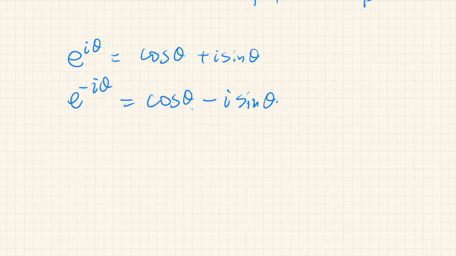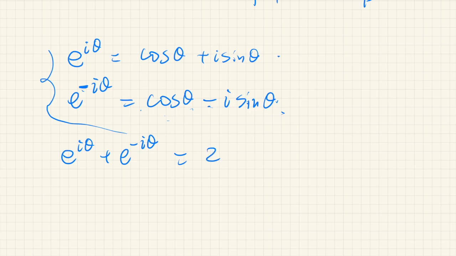So the negative sign here comes out of the sine function, but it disappears for the cosine function. So if we add both sides of this, we have the exponential of i theta plus the exponential of minus i theta equals, so this and this, we have 2 cosine theta.